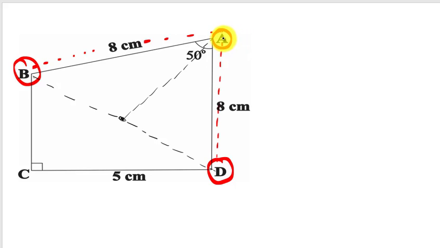But when you draw the line from A to this point, let's say this point is our O. This line is indeed dividing this isosceles triangle ABD into two equal parts. If that is the case, then the angle here, which was 50 degrees, is also going to be divided into two. Therefore, this side is going to be 25 degrees, and this side too is going to be 25 degrees.